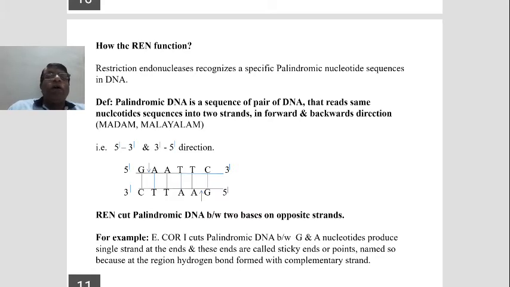Look here, one example is there. The word Madam is there. The word Malayalam is there. Madam. We may read this from left to right, M-A-D-A-M, Madam. From right to left, M-A-D-A-M, Madam. So the word may be read in both directions.